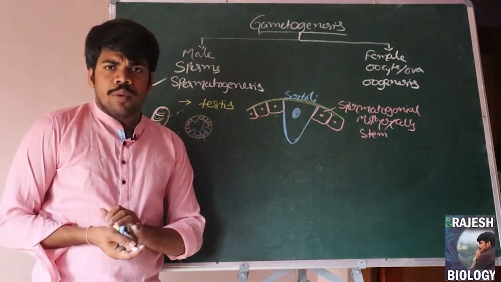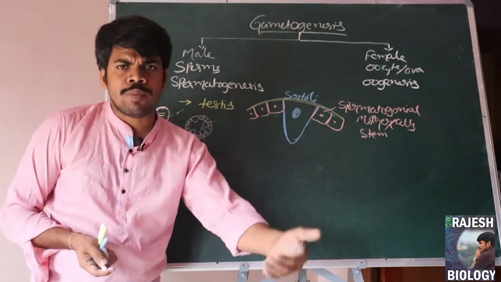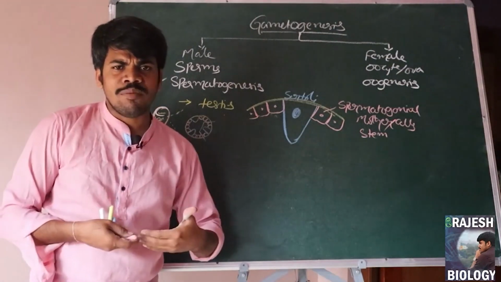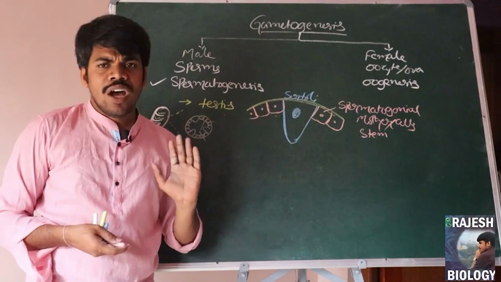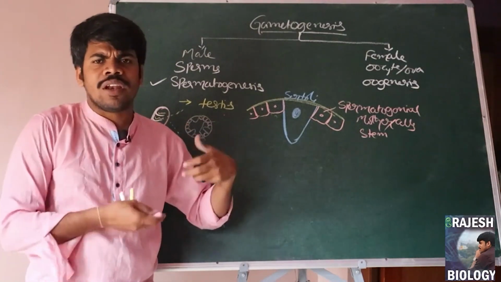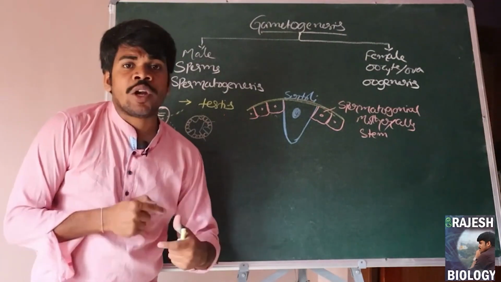And how do they behave? They want to increase their number. Before they produce the spermatozoa, they want to increase their number. They want to continue their legacy in the seminiferous tubules. How do they continue their life? First, they increase their number by mitotic divisions.